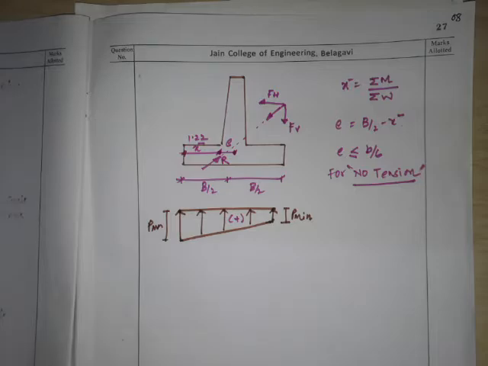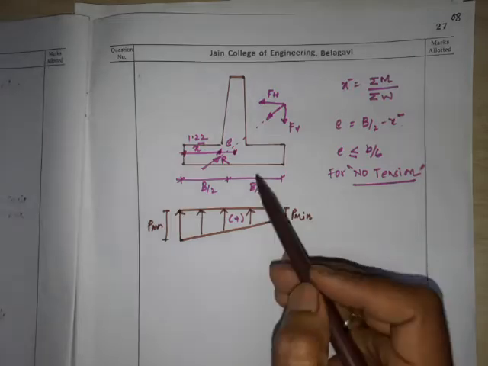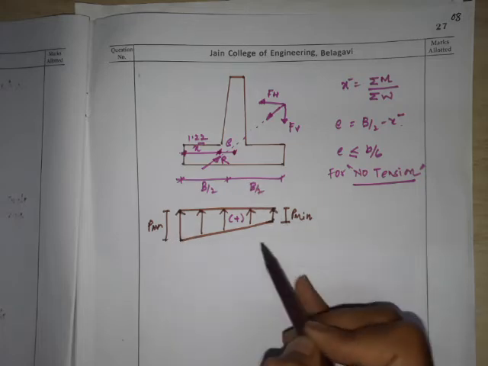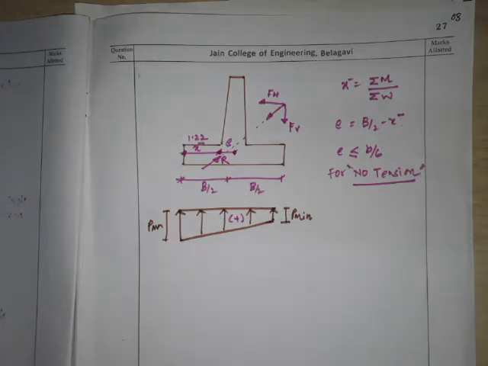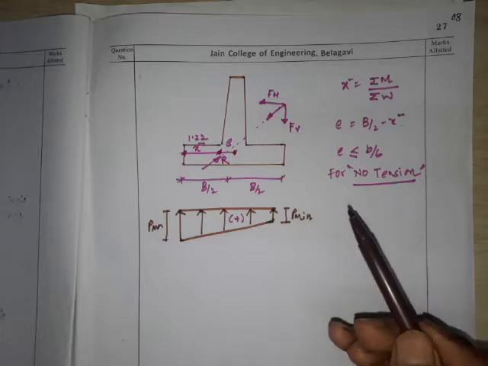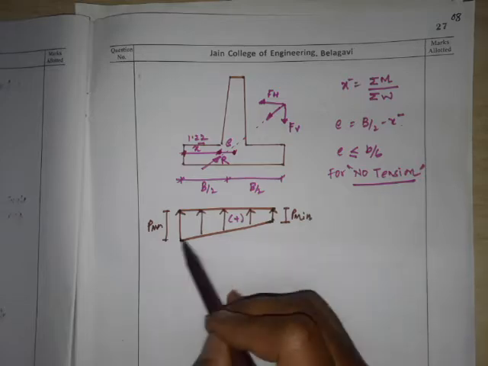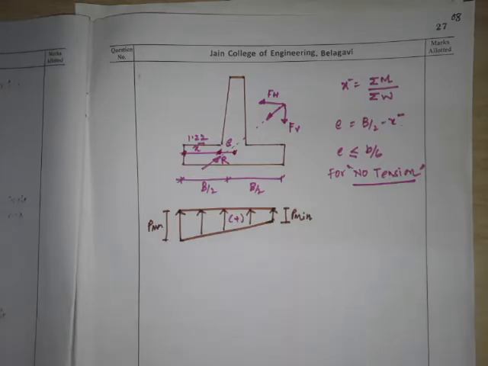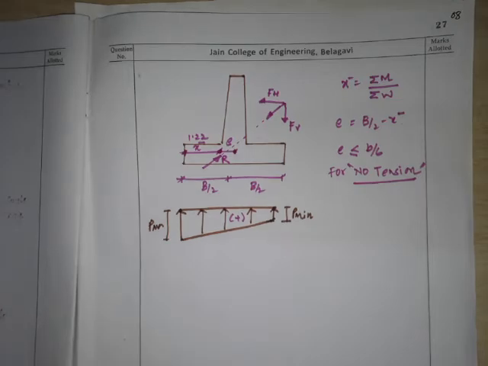Correct? But in case of footing, we matched the CG and we got the pressure uniform. But here it is not like that. So here we get P minimum, P maximum, both in a compressive pattern. So we get positive.